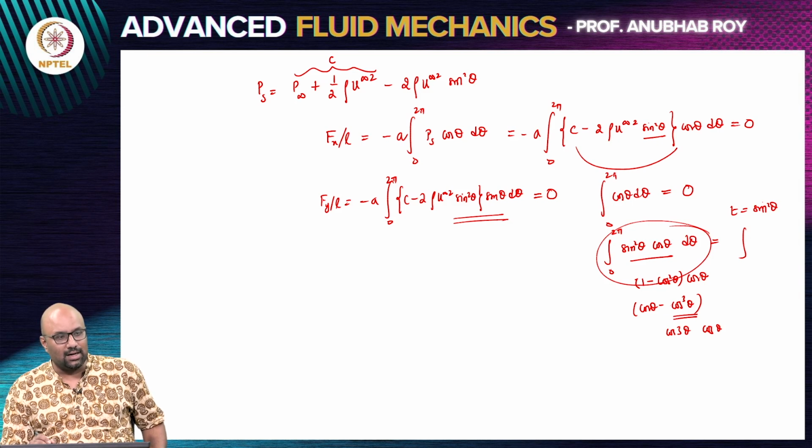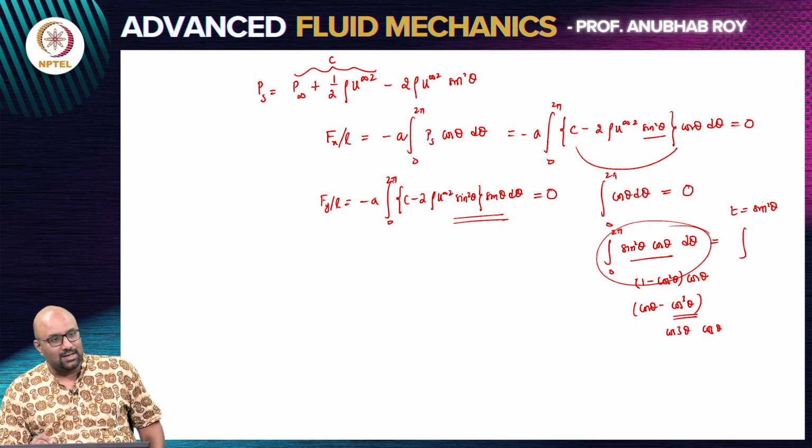Now this is a bit surprising, and this is where you start rethinking what you have done for potential flow. You took a problem of flow past an object, and asked what force the object needs in order to be held stationary.